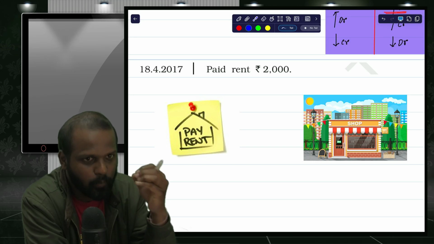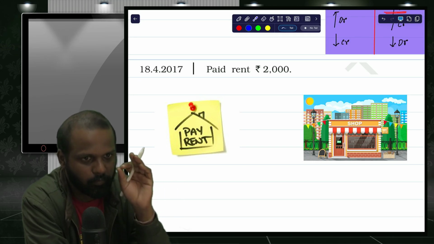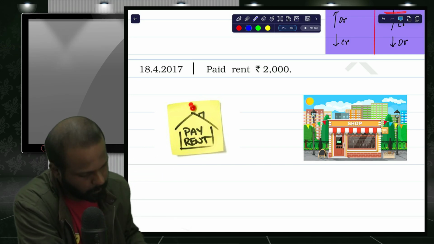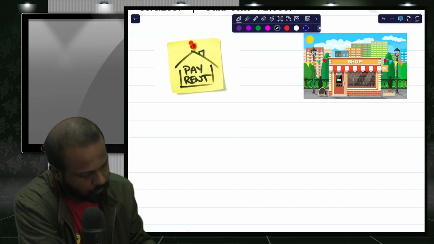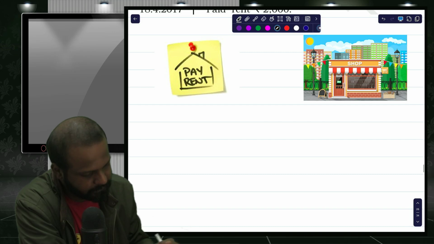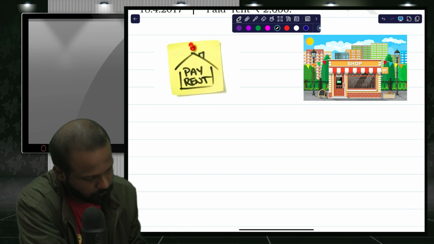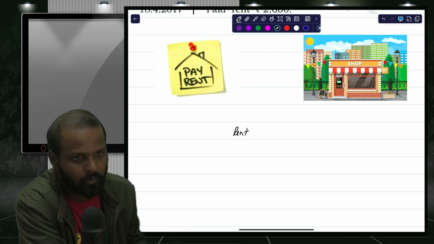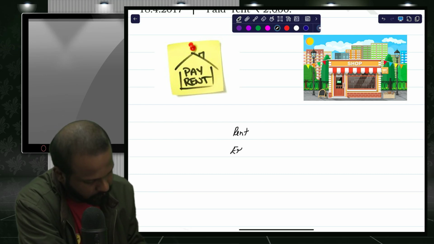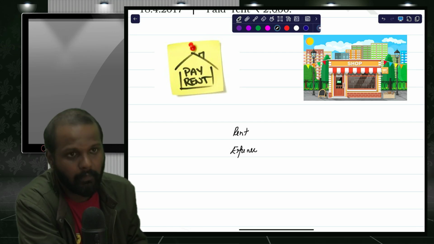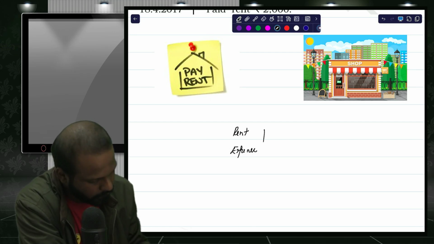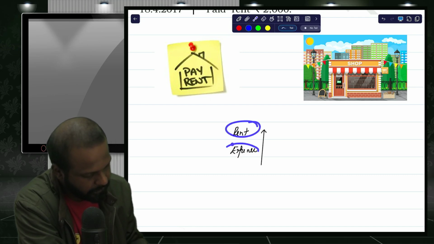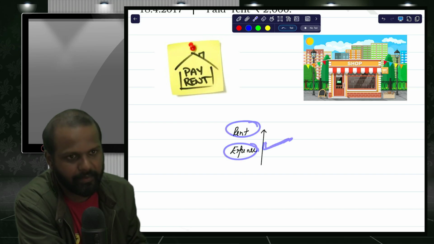So whenever you pay any type of expenses, first create the expense account. Rent is an expense. Creating means increasing. So first you create an expense account called rent.